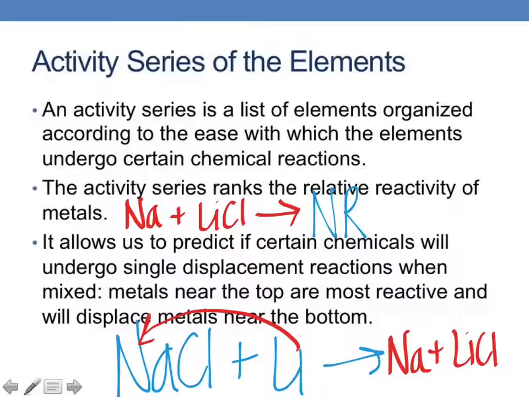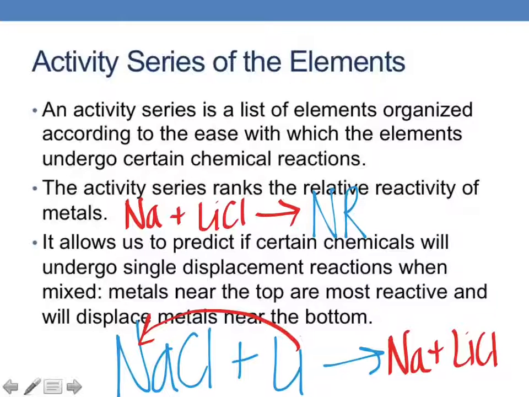So look at this. Tell me, what is your jewelry made out of? Gold, silver. What else? What type of metal? Titanium, platinum. What about our change, our money? Copper, nickel, zinc. Where are they on this chart? They're way at the bottom. Because you don't want something really reactive around your neck or in your pocket.